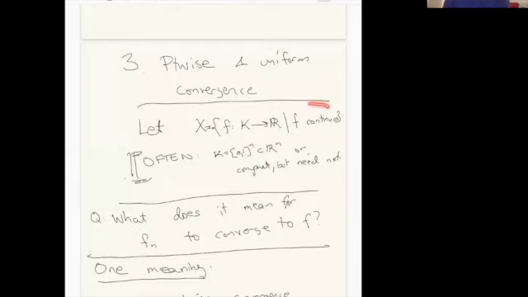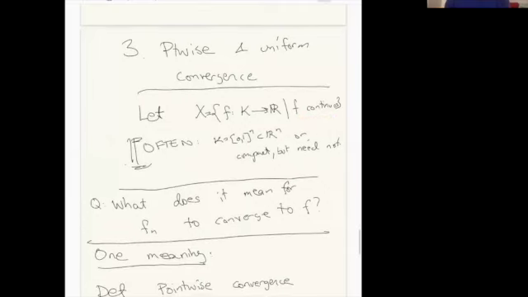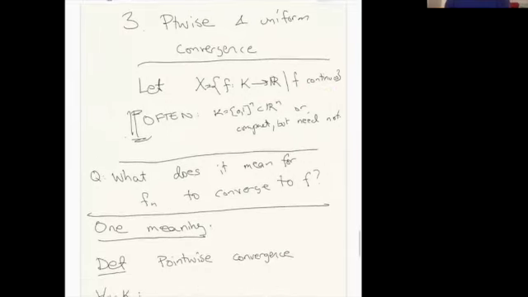And you can talk about convergence of any type of functions, but again, for simplicity, it's complicated enough to mostly talk about continuous functions. Some of the statements I will say will hold for non-continuous functions, but mostly we're interested in continuous functions. And a lot of the time, the domain of these functions will be compact.